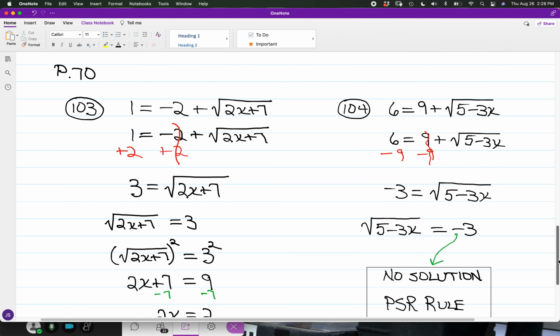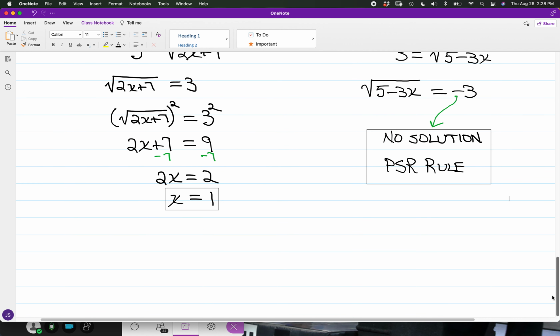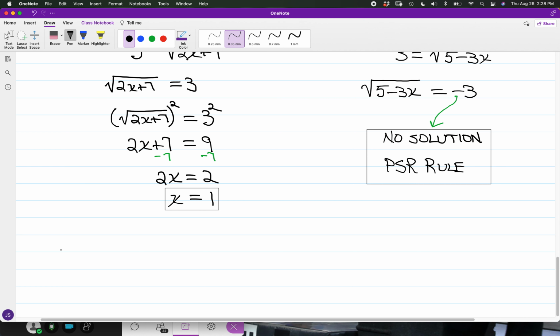Now, in the case of what we have with 105, we're transitioning from working with the letter x to trying to solve for the letter m. In this case, you have the square root of m plus 18, followed by the addition of 2, is equal to m.